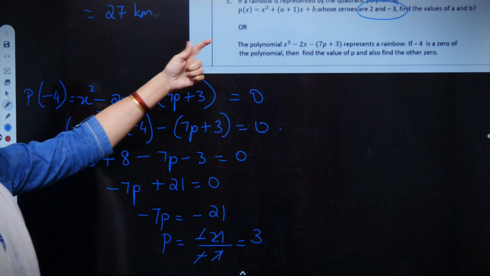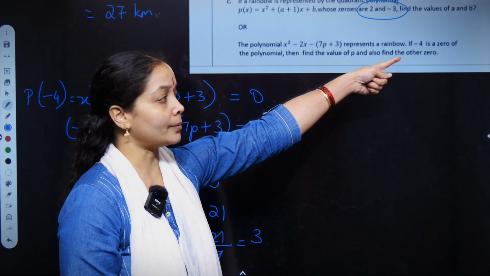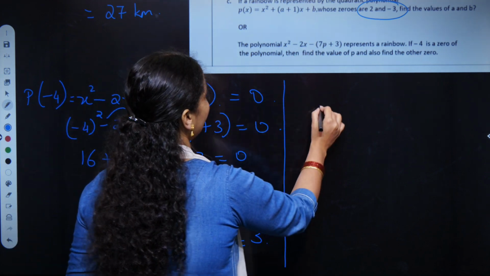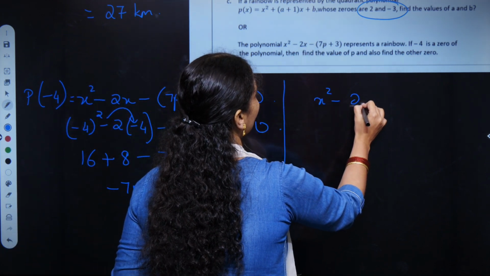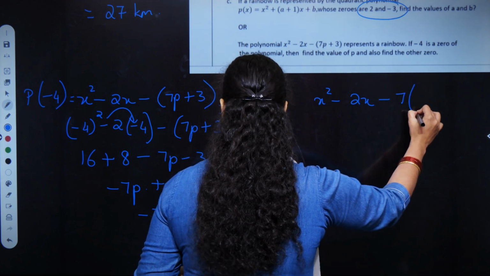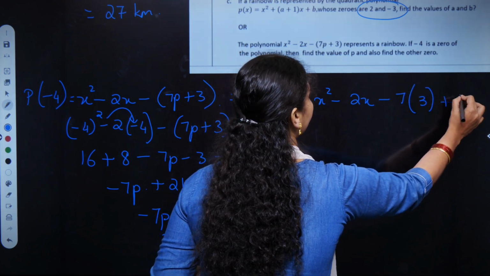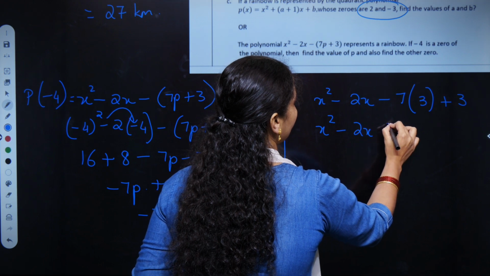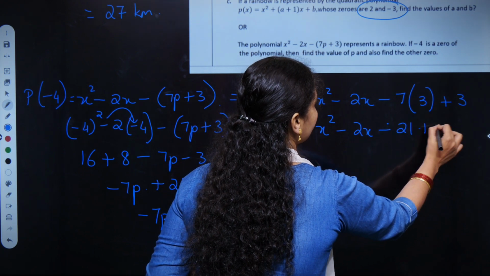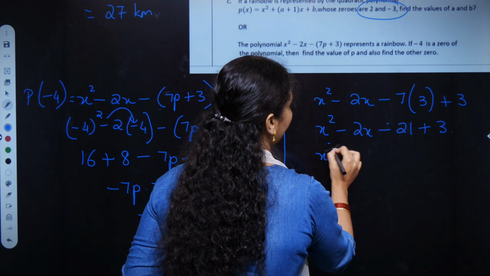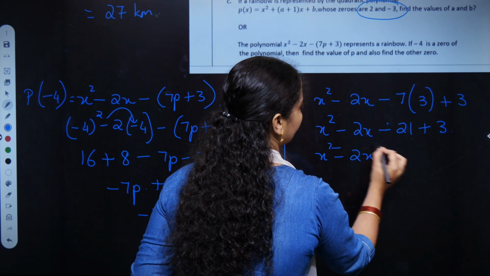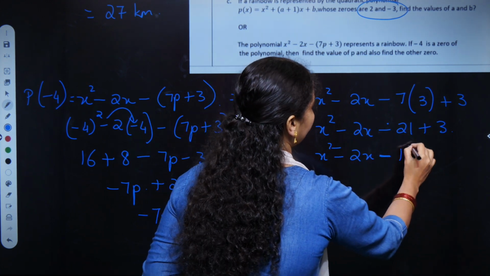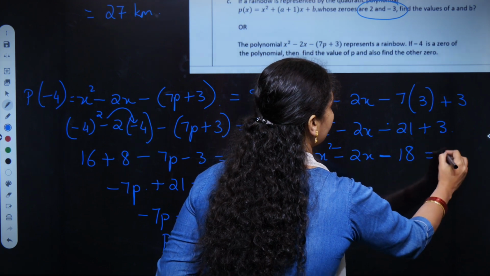So I got the value of p as 3. After that, I have to also find the other zero. Once I substitute the value of p here, let us do it. x square minus 2x minus 7 into 3 plus 3. So this equation becomes x square minus 2x minus 21 plus 3, which is x square minus 2x minus 18 equal to 0.